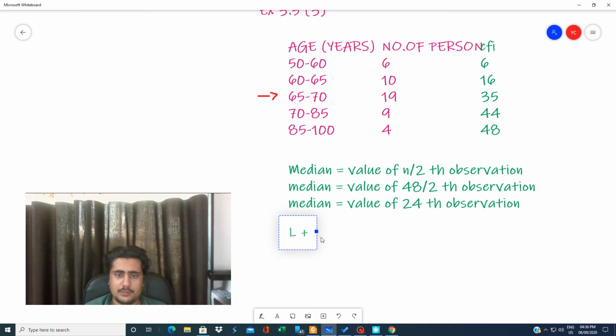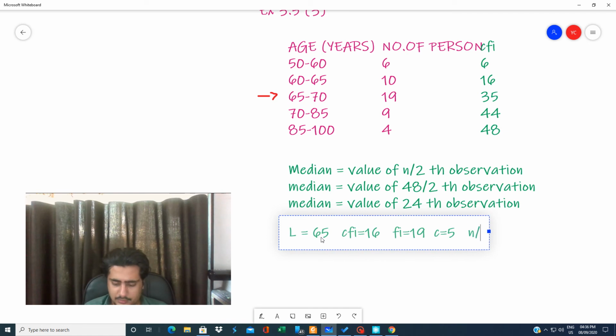Lower boundary will be 65. CF will be 16. Frequency will be 19. Class length is equal to 5. These are the required things. And obviously n by 2 is 24.